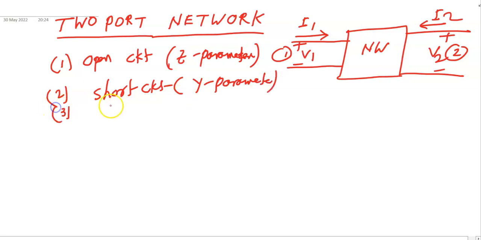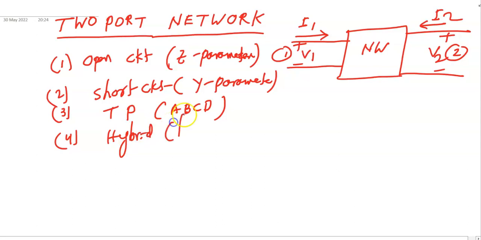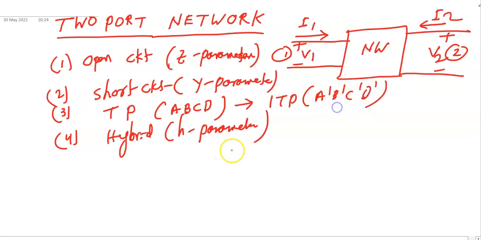Third one is the transmission parameters, or ABCD parameters. Fourth one is the hybrid parameters, or H parameters. For the third one, we have its inverse, that is the inverse transmission parameters, or A dash, B dash, C dash, D dash parameters.